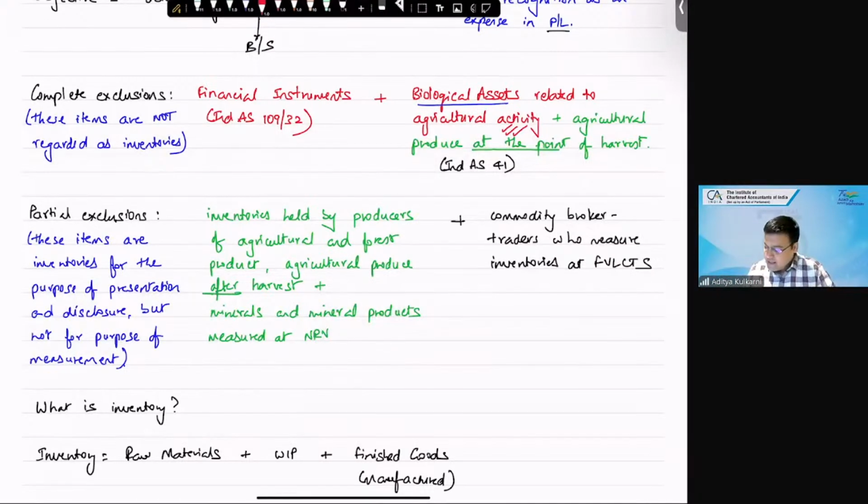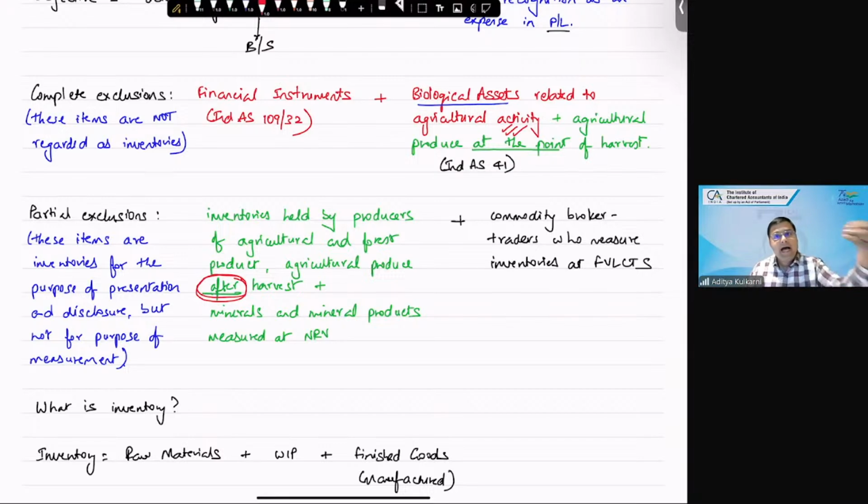First one is inventories held by producers of agricultural and forest products after harvest. Are you able to appreciate now? At the point of harvest it is not inventory. Its measurement, presentation, disclosure, everything is out of Ind AS 2.